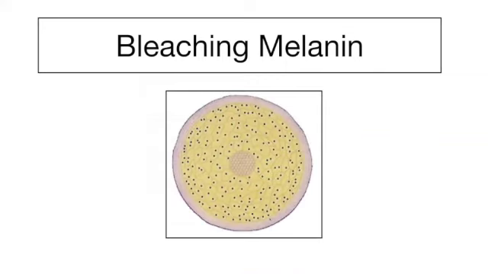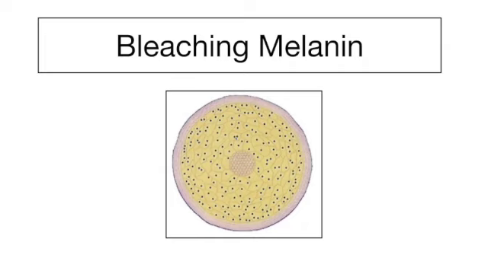First of all, this represents a strand of hair: cuticle layer, cortex, medulla. If it had a medulla, not all hair does. But all these little black dots that you see are in fact the granules of hair color that are inside your hair.